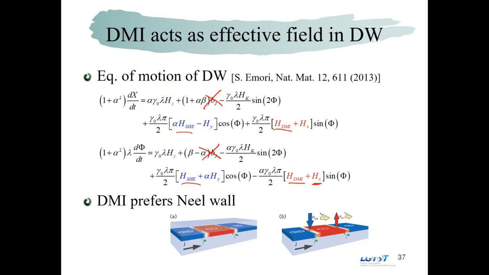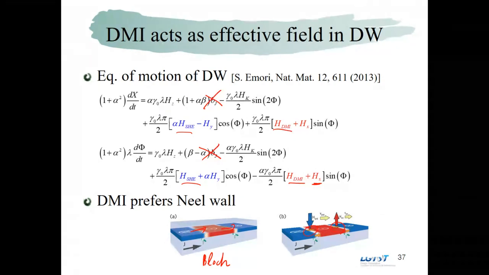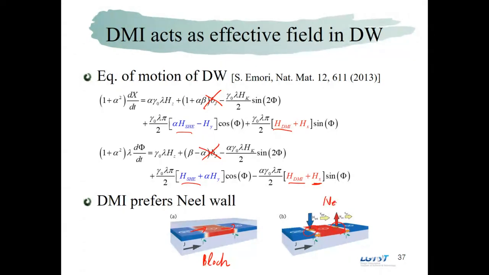They act like an excitation field. See here, the domain wall is now a Bloch type. But with this directional field, they can form this direction. So they prefer the Néel type domain wall with the same chirality.